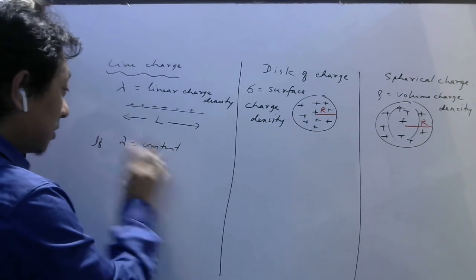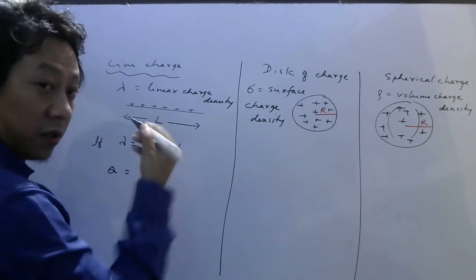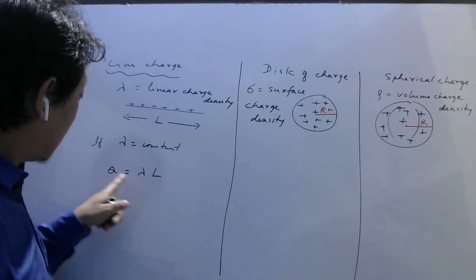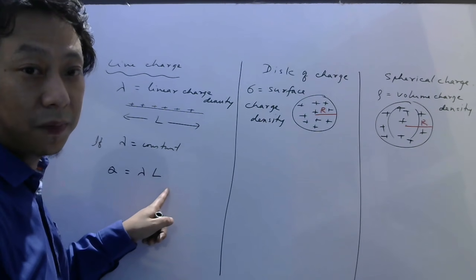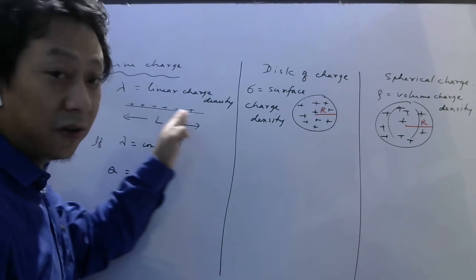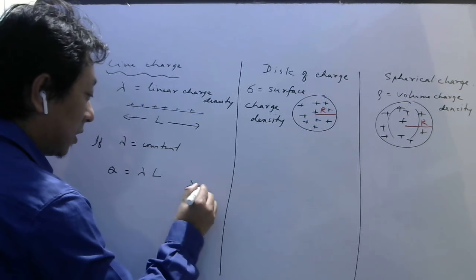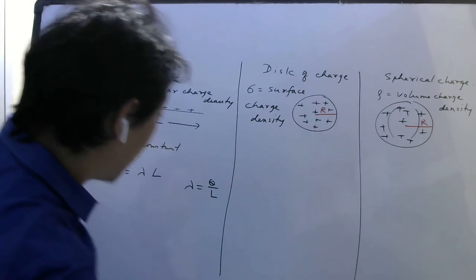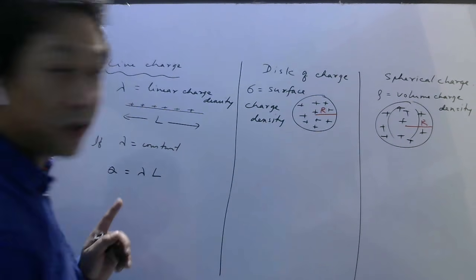So if lambda is constant, then to find the total charge here, what can you do? Just multiply lambda with length. So this is like saying you want to find total distance, you multiply speed with time. Here charge is changing with distance. What is lambda? Charge per unit length. So if you cross multiply, you will get this. But again, as I told you before, this is only true if lambda is constant.